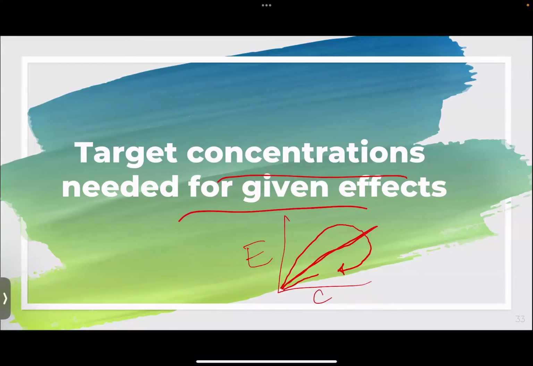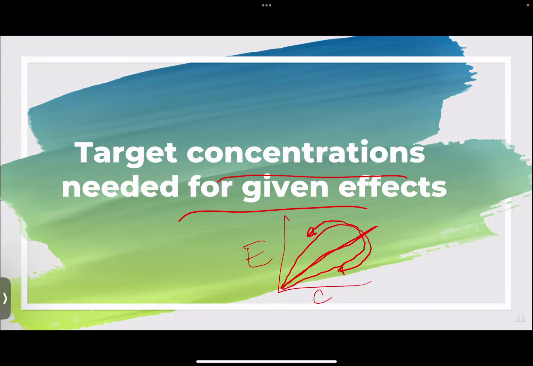And how about the other way? If your concentration is going up and your effect's going up, your concentration is coming down, but your effect is going up, eventually it comes back down again. That's a counterclockwise hysteresis. And what could cause that? In general, that's a lag, isn't it?